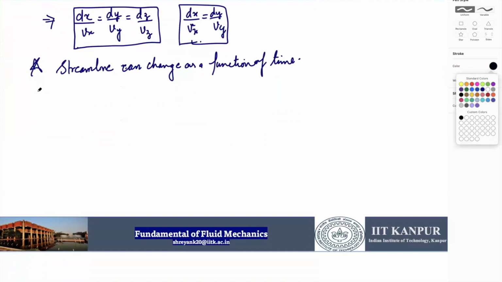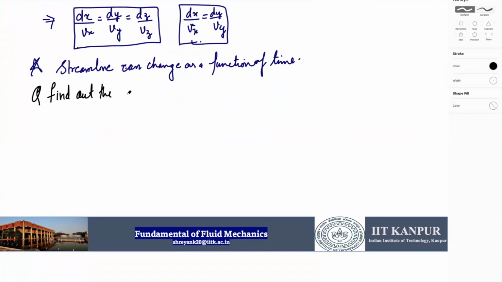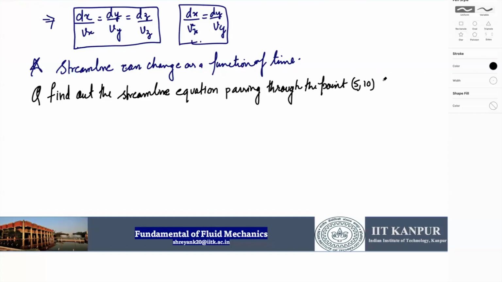So the question is: find out the streamline equation passing through the point (5, 10) for a given velocity profile.